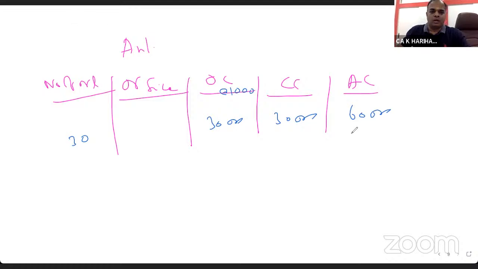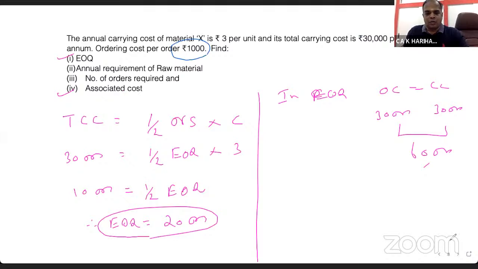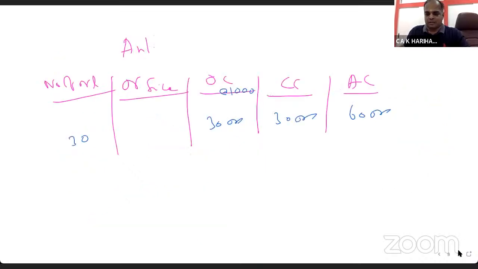Then we have to go for order size. Which one is the order size? EOQ should be the order size. Am I right or not? So order size is equal to economic ordering quantity, which we got as 20,000. Number of orders 30, EOQ 20,000. Total annual requirement comes to how much? 20,000 into 30. 30 times we are placing the order, and each time we are ordering 20,000.